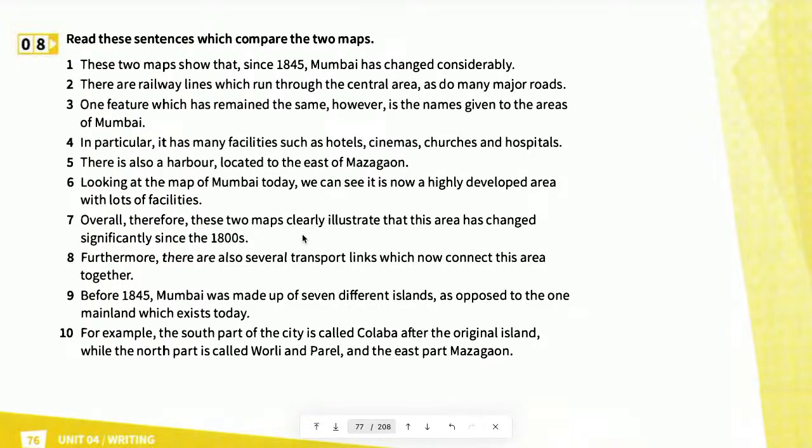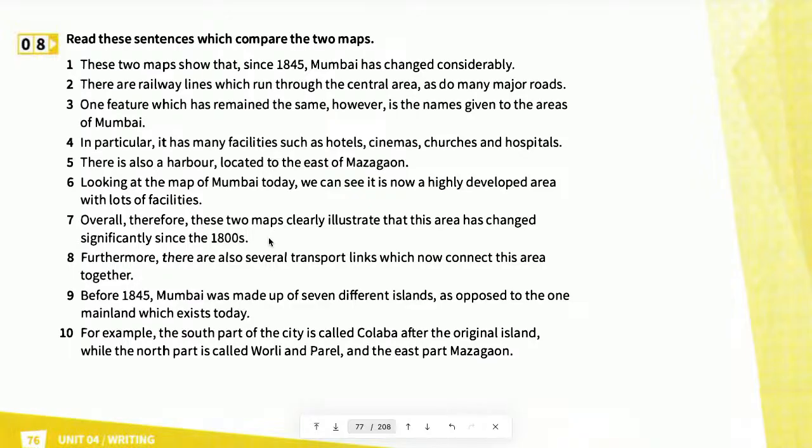Number 7, Quỳnh Anh. Therefore, these two maps clearly illustrate that this area has changed significantly since the 1800s.